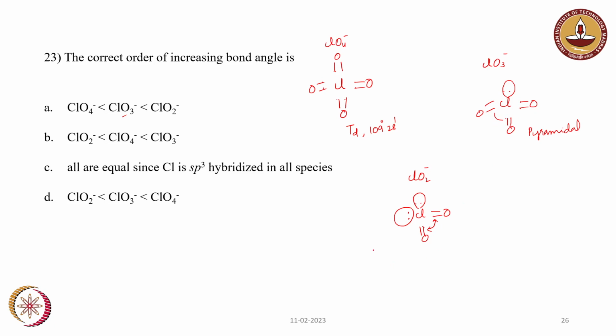It is because bond pair repulsion is less than bond pair lone pair repulsion, which is less than lone pair repulsion. That is, the higher the number of lone pairs, the repulsion will be really high between these two, so that angle between these two will be higher.